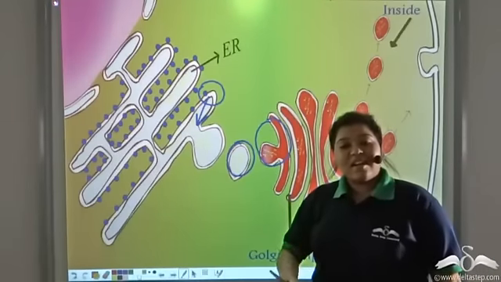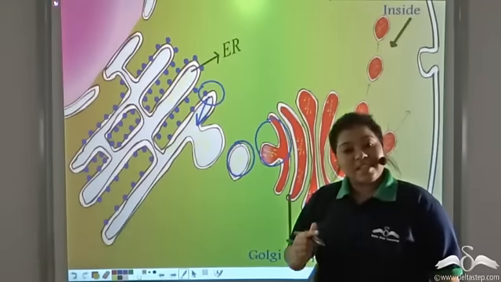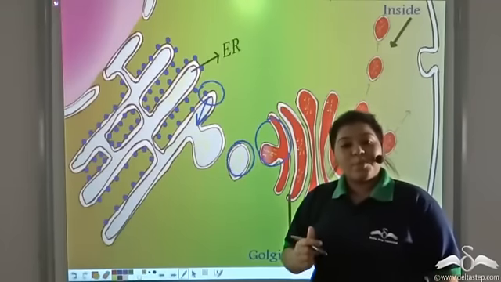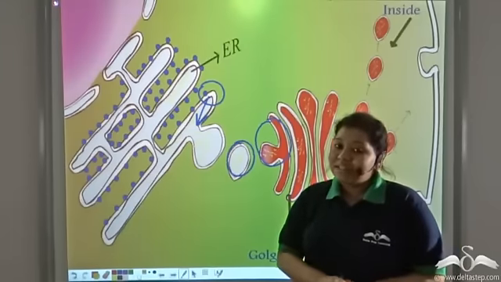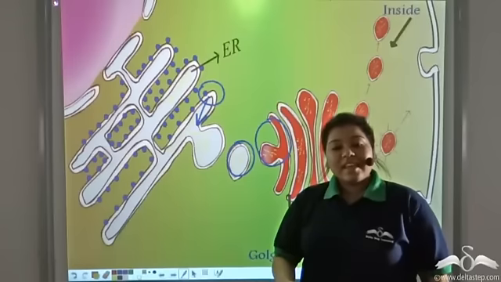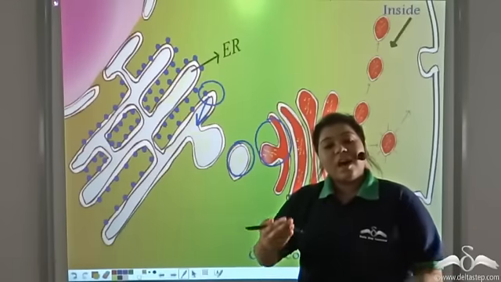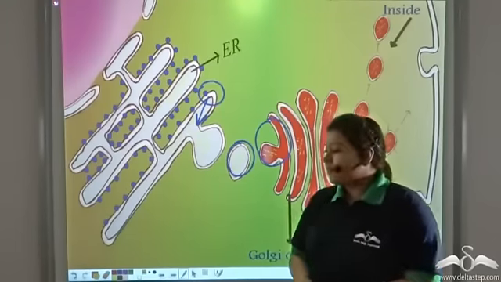So, the proteins are now inside the Golgi complex. So, what is happening inside the Golgi complex? The proteins are getting further modified, they are getting packaged once again, and their destinations are set. They can either be secreted out of the cell or they can remain within the cell.